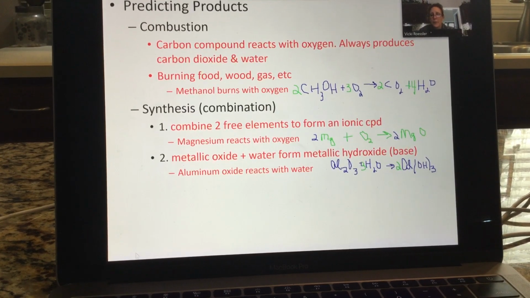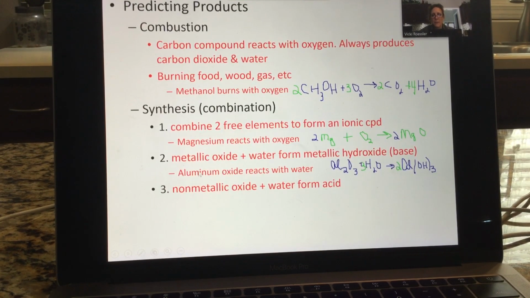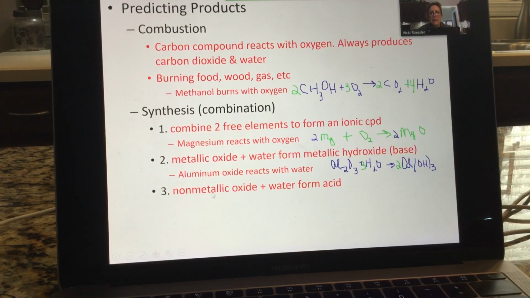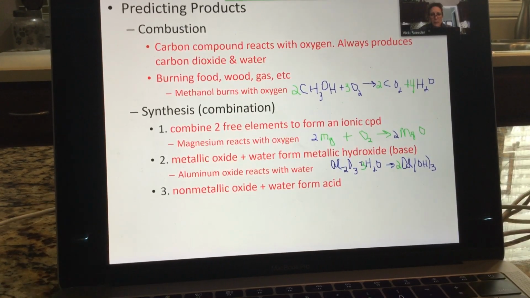Okay, our third type of synthesis reaction, similar to the second one, only this time we have a non-metallic oxide and water as our reactants. So non-metallic oxides, those are on the right side of that little stair step on your periodic table, that little corner over on the right-hand side.